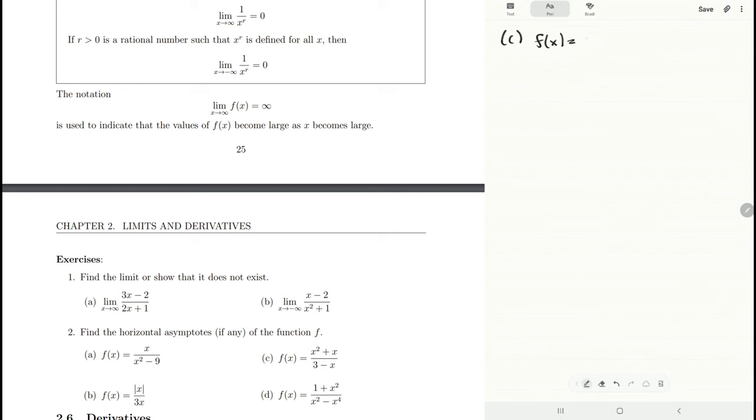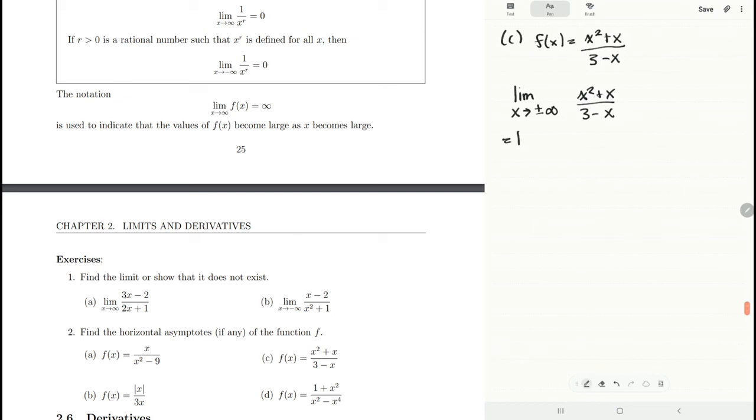So in the third example, we have f of x is x squared plus x all over 3 minus x. So we can calculate the limits to plus and minus infinity. Since we're dealing with this rational function, we can do both calculations at the same time. So let's approach plus or minus infinity. And here the highest power of x in the denominator is x.